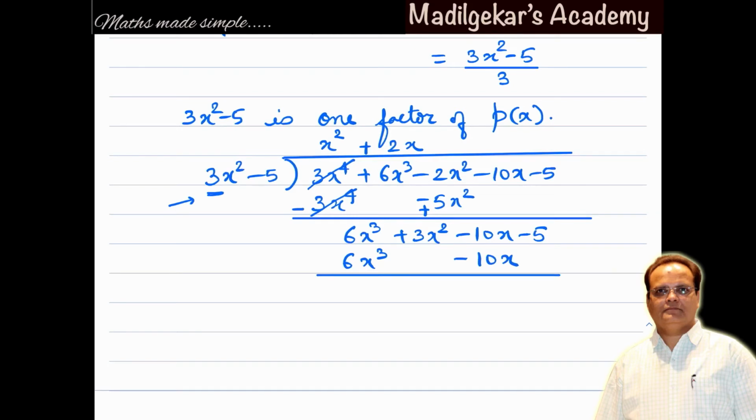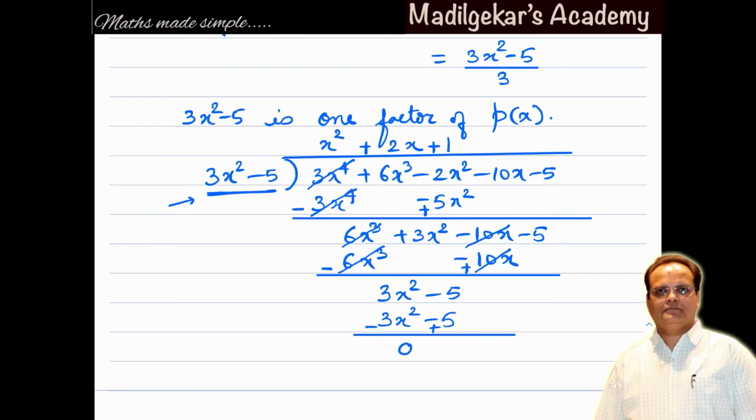Again on subtracting, 6x cube as well as 10x both get cancelled. 3x square minus 5, which is the same as the divisor. So multiply divisor by 1, we get 3x square minus 5, and on subtracting we get 0.